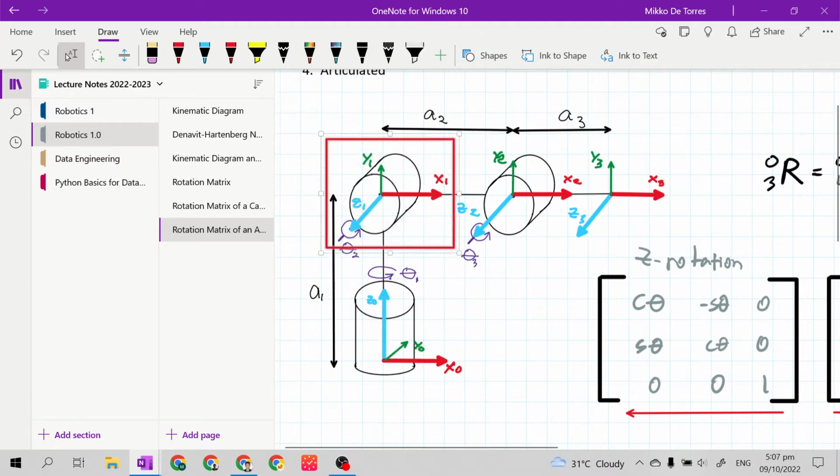When theta 1 changes its value from 0 to 360 degrees, the frame of frame 1 will move. It will rotate counterclockwise.